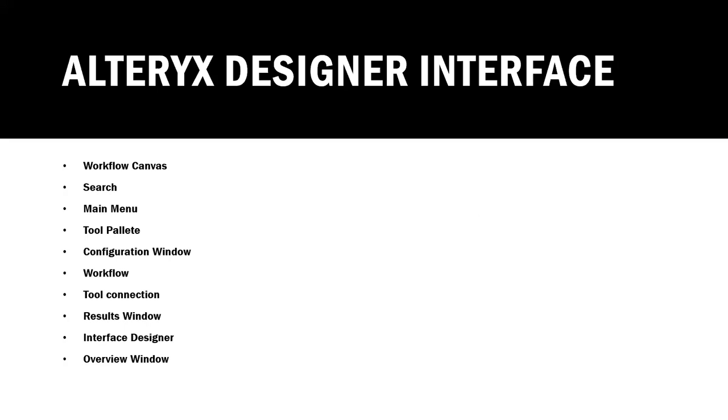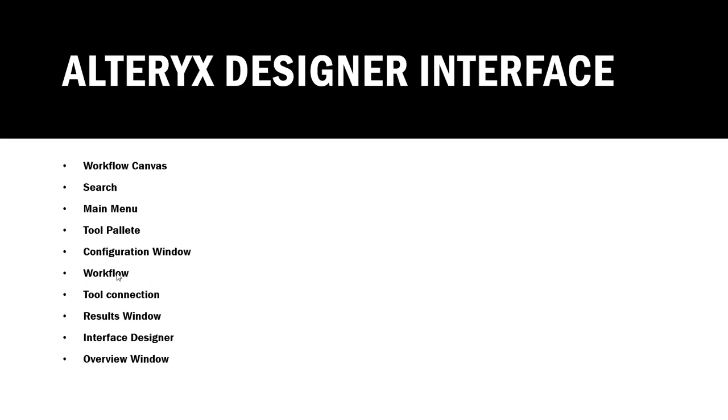So overall, we have this list of panes in Alteryx Designer that we need to understand to work properly with the Alteryx Designer tool. So first we have workflow canvas, and then we have a search, then main menu, tool palette, configuration window, workflow.